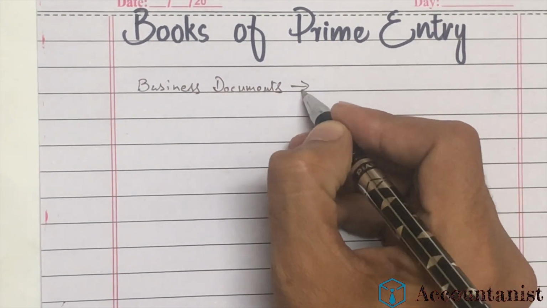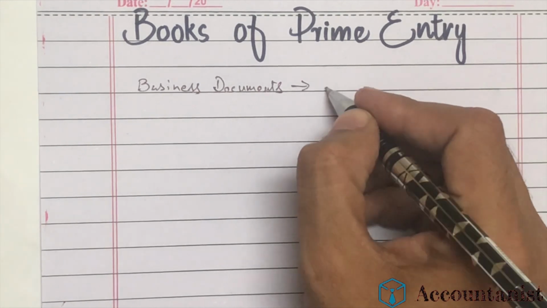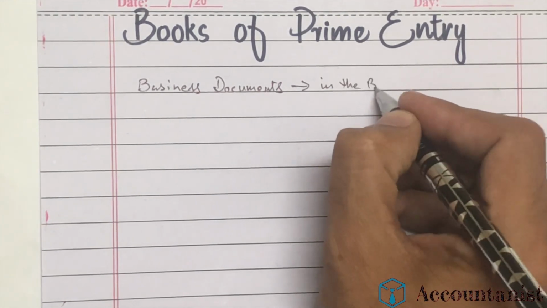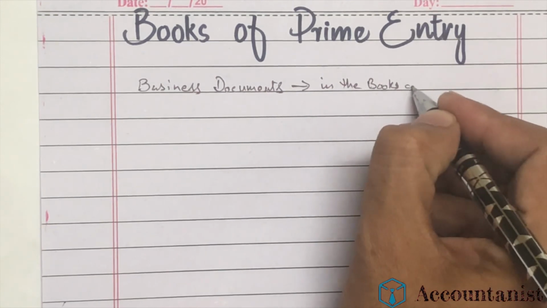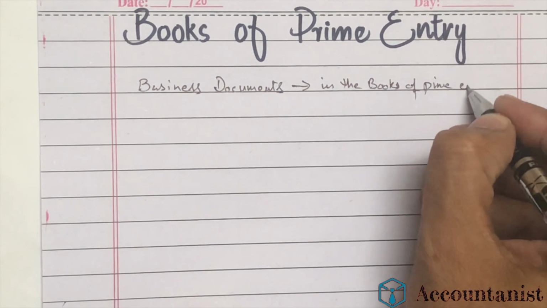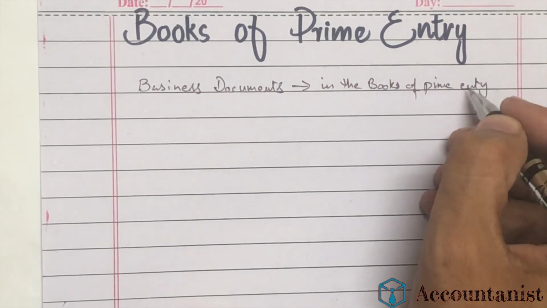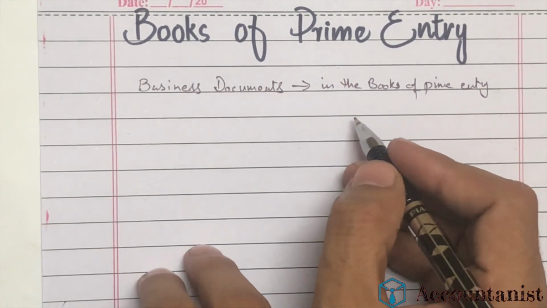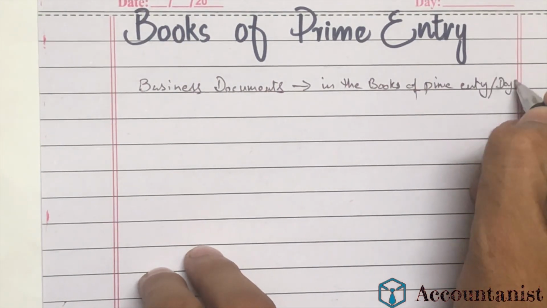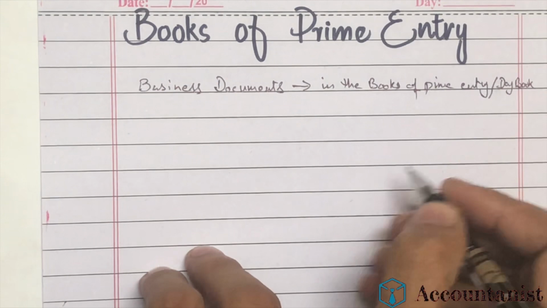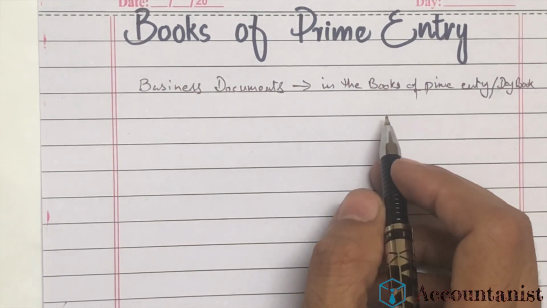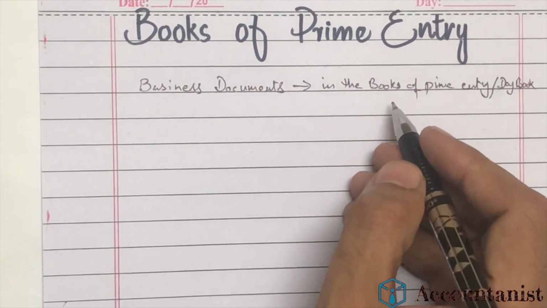From these business documents we record the entries in the books of prime entry. We also name them the daybooks. So daybooks is the second name of these books of prime entry.